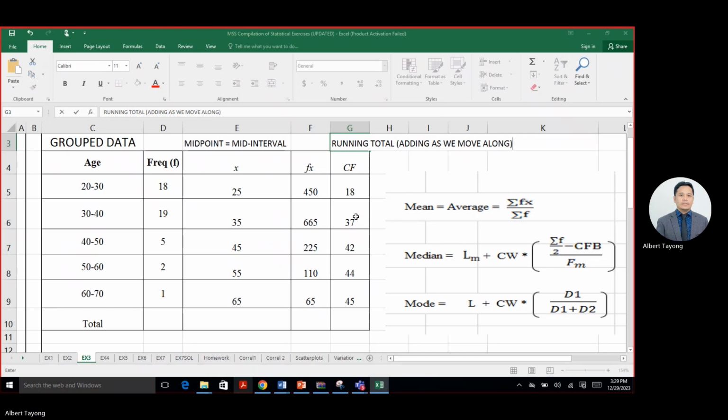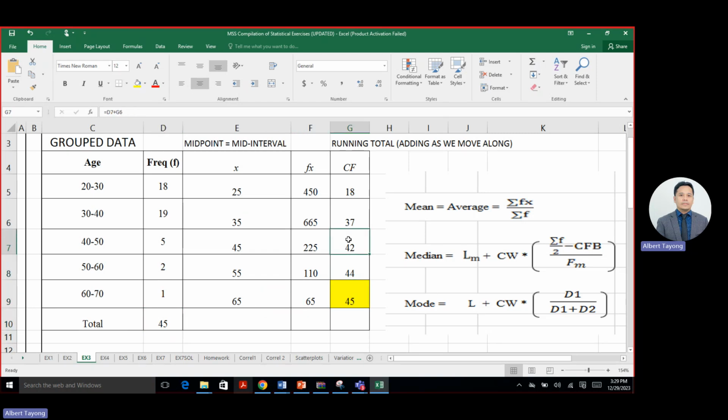So 18 plus 19 is 37. 37 plus 5 is 42. 42 plus 2 is 44. 44 plus 1 is 45. That is why the total of the frequency is equal to the last CF, because as I mentioned, this is adding as we move along.